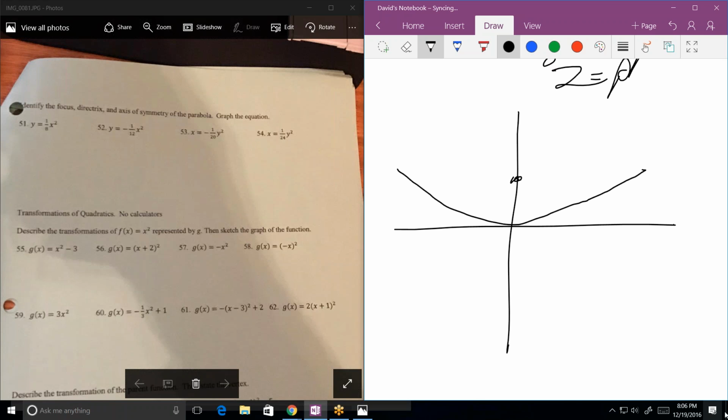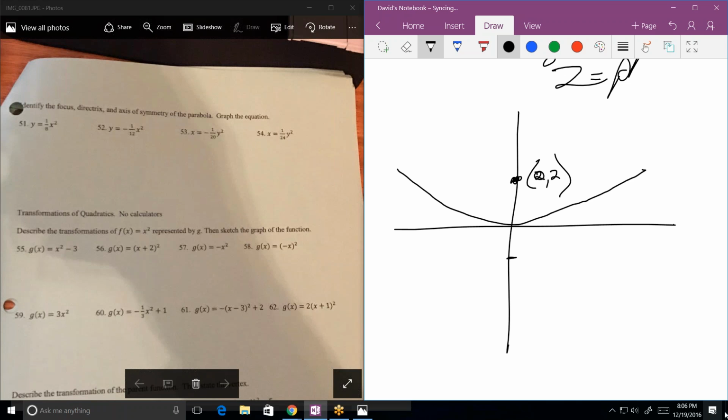Its focus is at 0, 2. Where's the directrix? 0, -2. That's close.